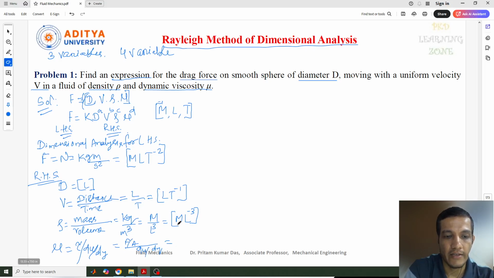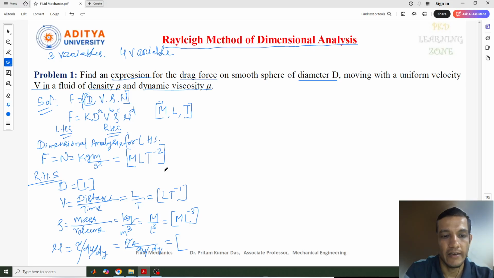Again, force, as I told you, is mass into acceleration, divided by area. And here velocity is distance by time, that is L by T. Again dy is the distance, so we can write only L. By solving all these things, finally I'll write the final expression. If you want more details, you can go to our previous videos, where force is simply mass into acceleration, or you can take it directly from the previous expression we derived.